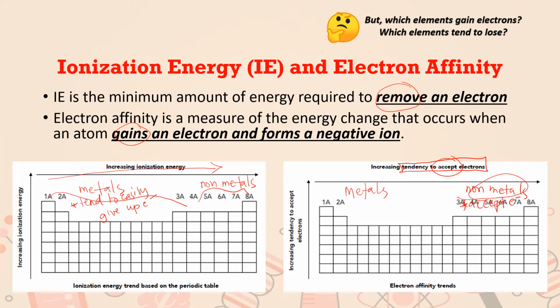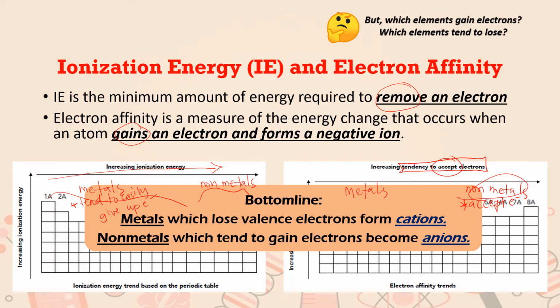So what's the bottom line here? The metals, which tend to lose or easily give up their electrons, form cations. So when they lose an electron, they end up positively charged. And positively charged ions are called cations.